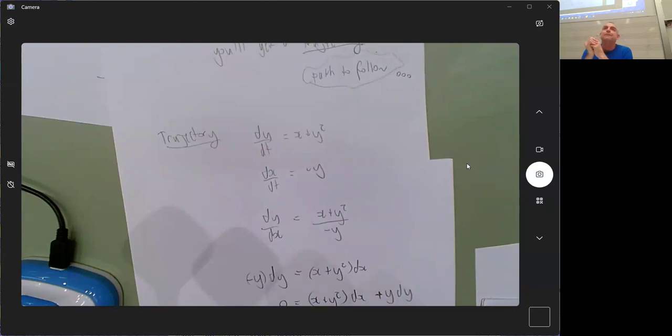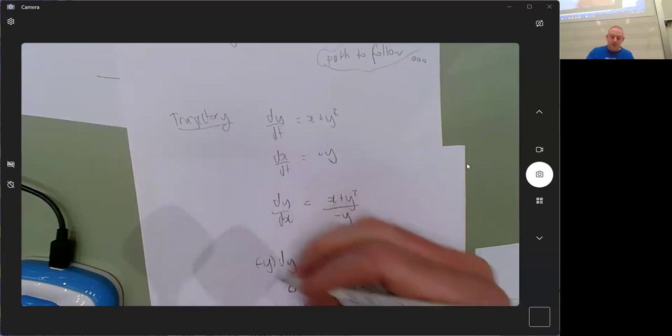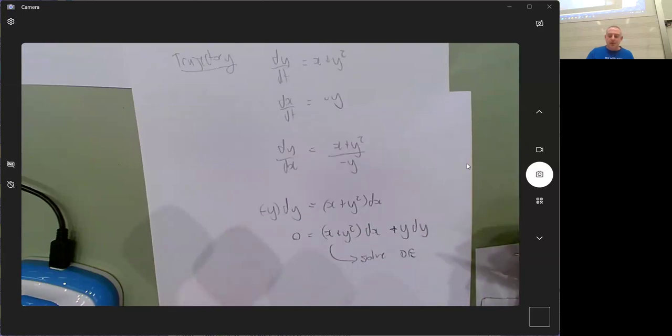Yep. Just a matter of setting stuff to zero. This thing is the thing that produces isoclines. The original equations is the thing that produces nullclines. So people asked about isoclines and nullclines. They're both here. So from here, this will go, solve the DE, and that will give you the trajectory.